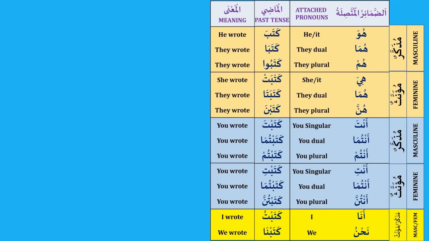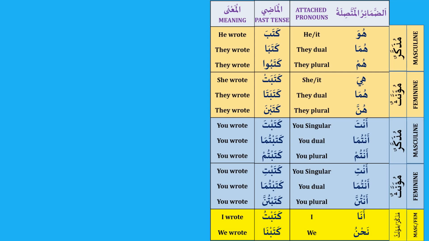كتب, he wrote. كتبا, they wrote, dual. كتبوا, they wrote, plural. كتبت, she wrote. كتبتا, they wrote, dual for feminine. كتبن, they wrote, plural for feminine. كتبت, you wrote, singular. كتبتما, you wrote, dual, and كتبتم, you wrote, plural.